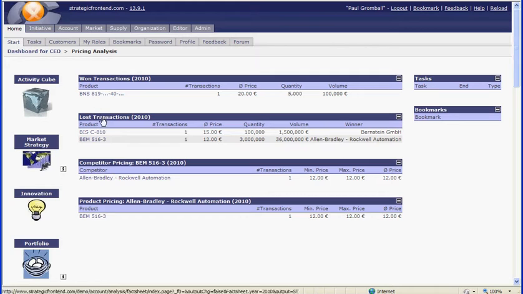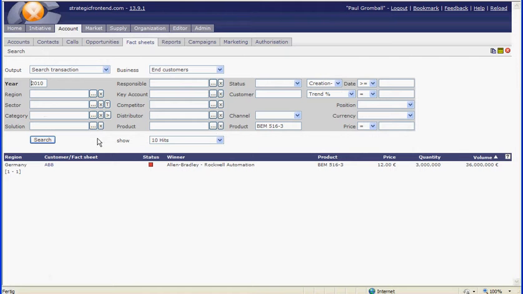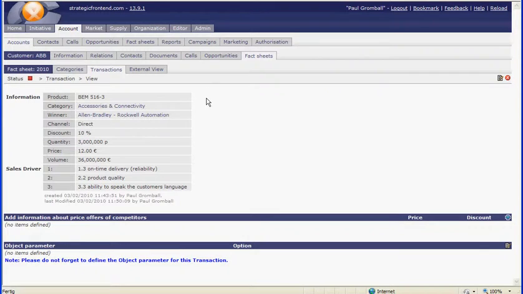The same thing we can do for the lost transaction, where we have lost, actually I think at a customer ABB to Allen Bradley, this kind of product in this category.